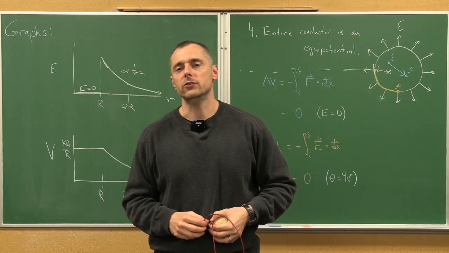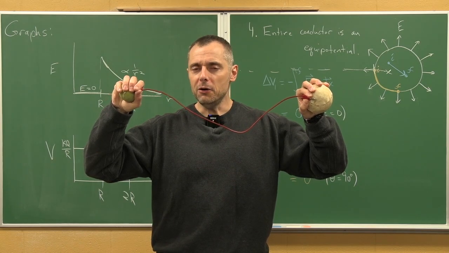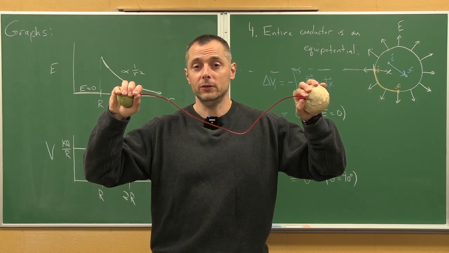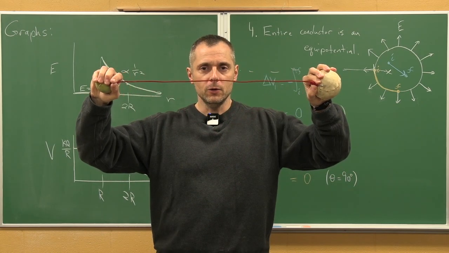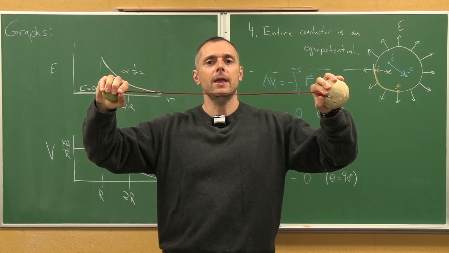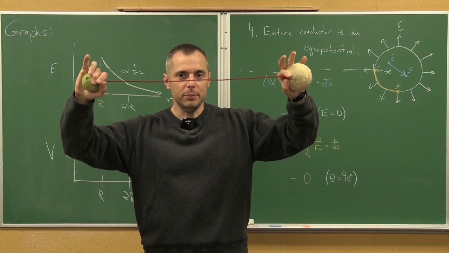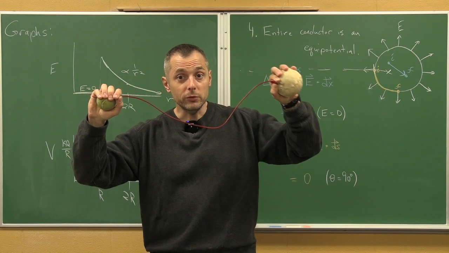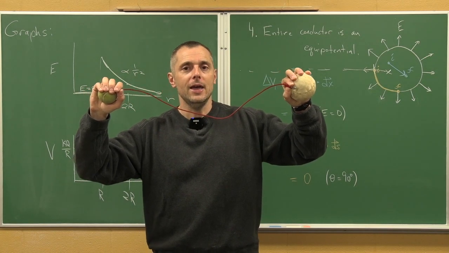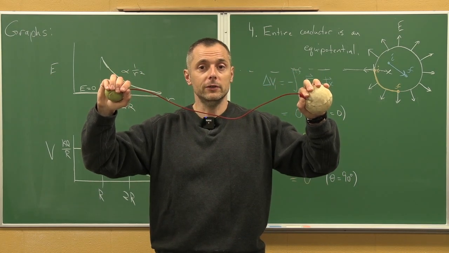What we have to realize is that when I connect these with a wire, you could now think of this as one metal, one conductor, not two, but one with a skinny part in the middle. And this has to be an equipotential. In other words, the voltage of this has to equal the voltage of this. And so that's what balances out. The voltages balance out.